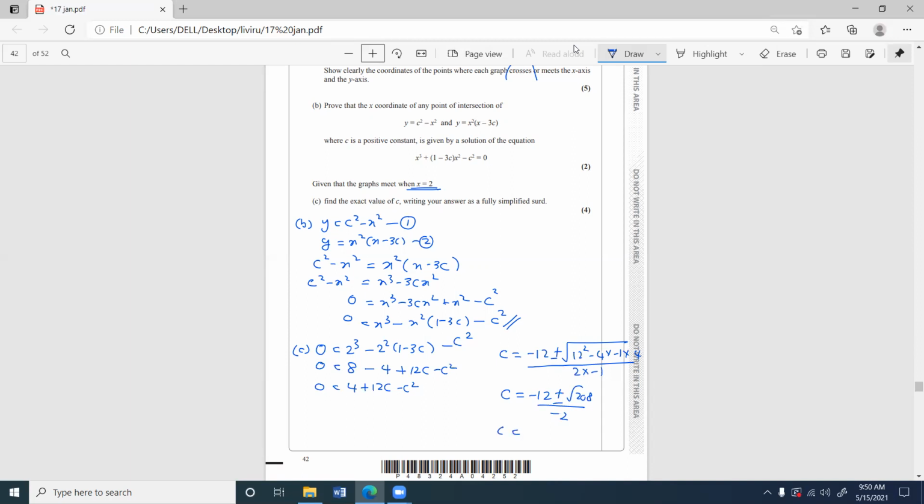With this, you get the answers for c: 6 plus 2 root 10, and the other one is 6 minus 2 root 10. That's a way of getting this answer.